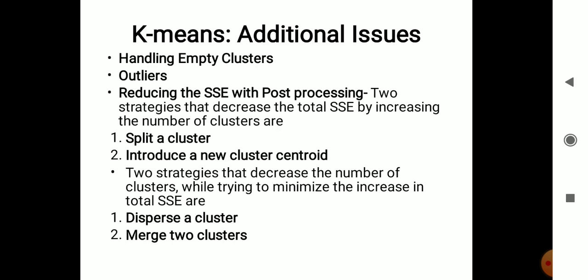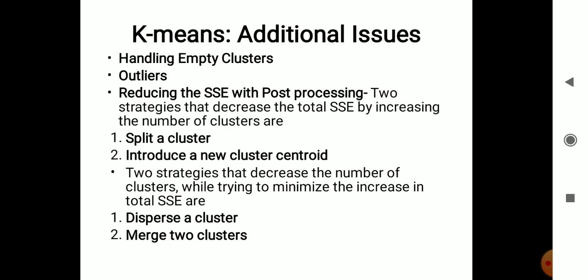Generally you need to reduce the SSE value, but here, as empty clusters are generated, the SSE value will increase. One approach is to choose the point that is far away from any current centroid. You need to see that no empty clusters are identified.